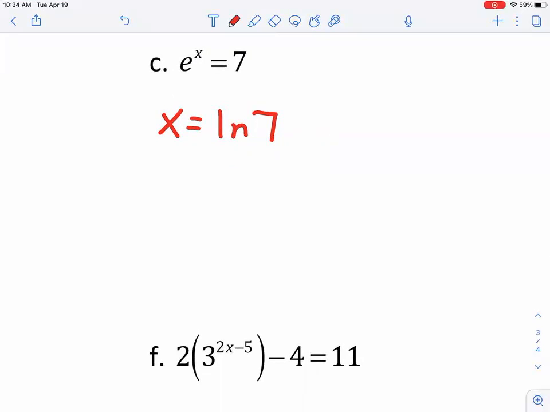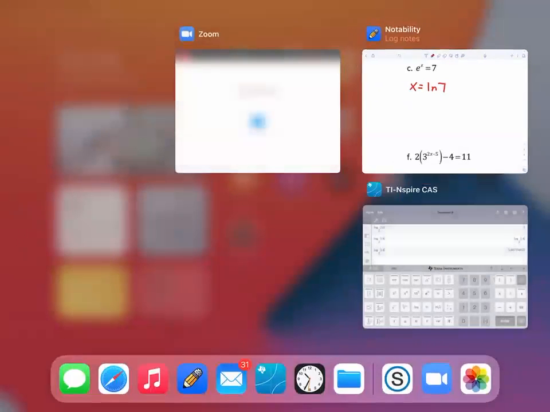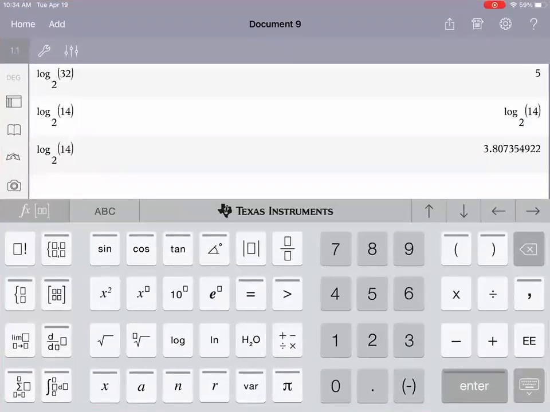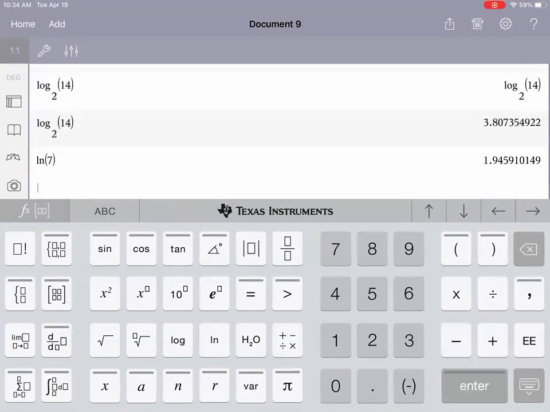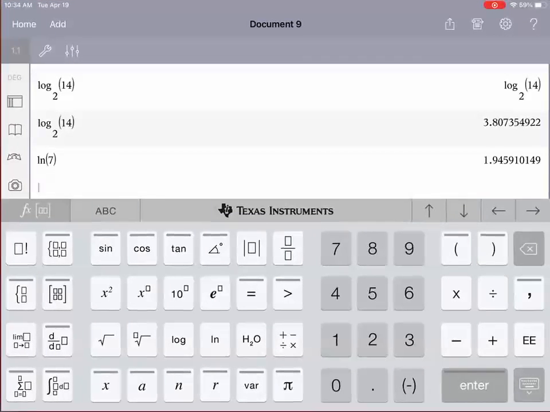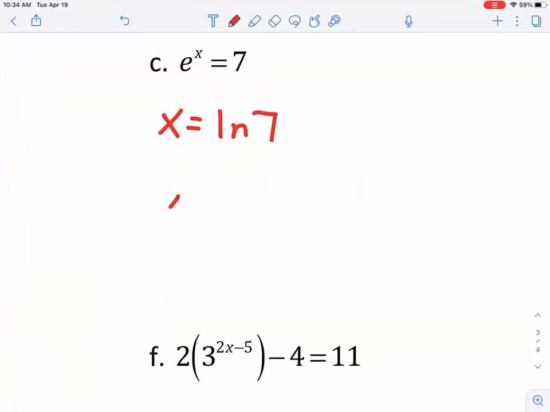And now going back to my calculator, next to the log, there is a natural log button. So the natural log of 7, I'm going to need to approximate that. It was about 1.9. And maybe we should go to the hundredths spot. So let's call that 1.95. So x is approximately 1.95.